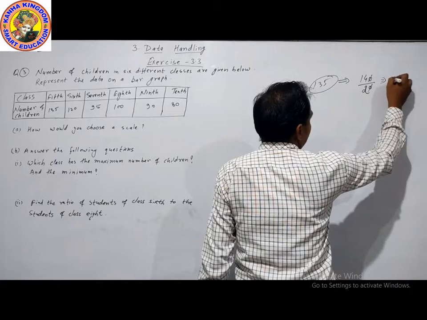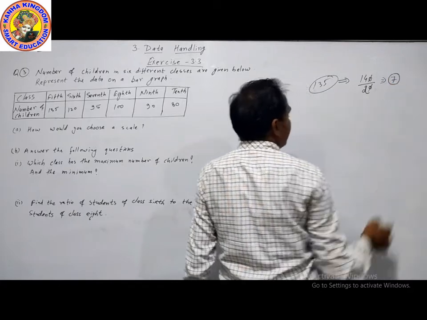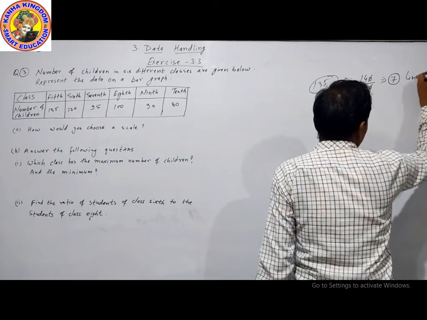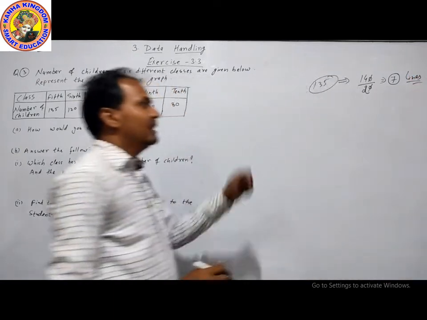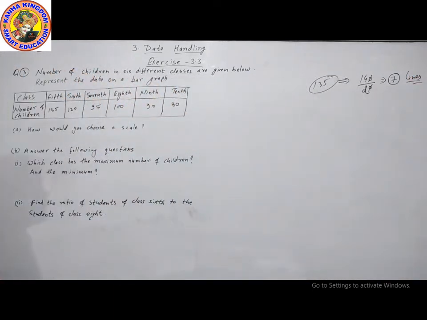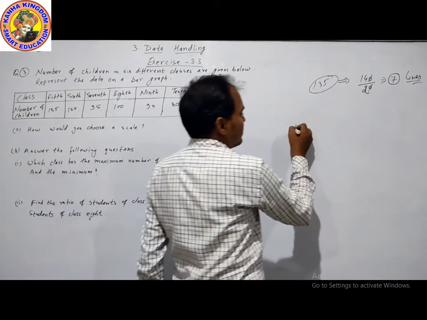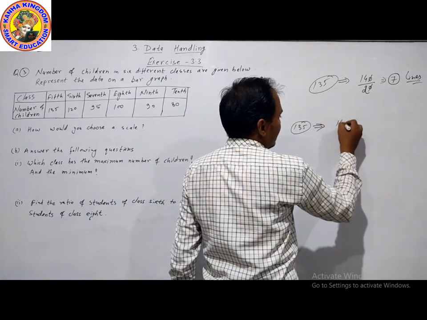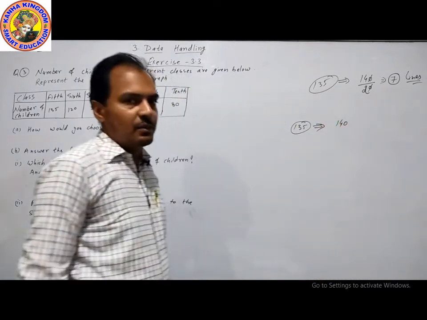So we need only 7 lines. We need only 7 lines by taking 20 students per line. Here is 135 students, rounded up to 140.